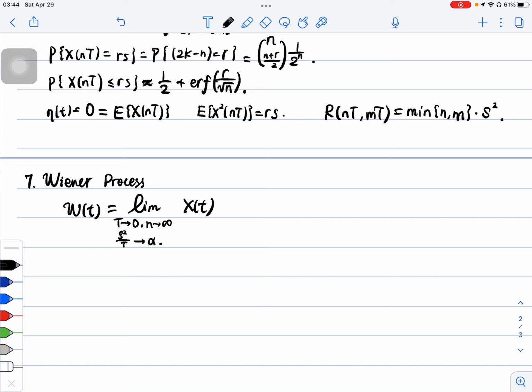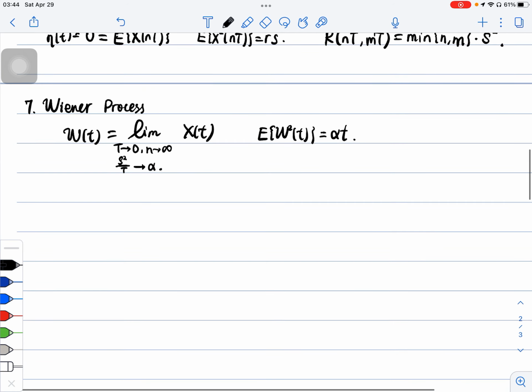The second moment is defined finite and non-zero, while the expectation of W squared t is alpha t, where alpha is a constant. The density is listed as follows.